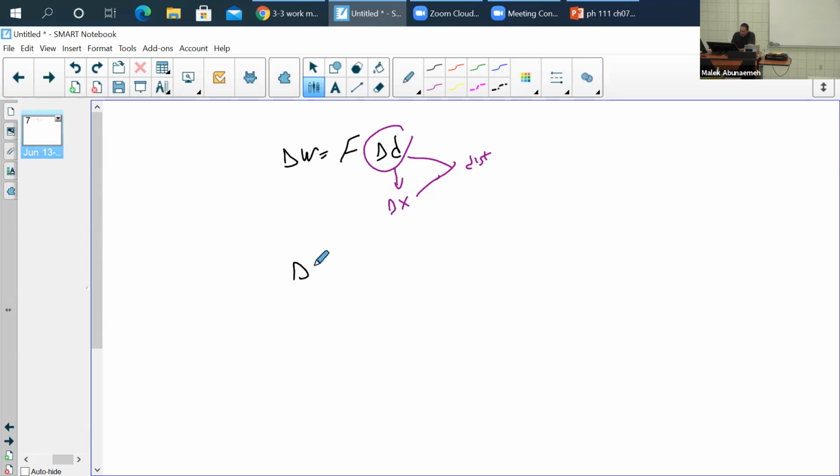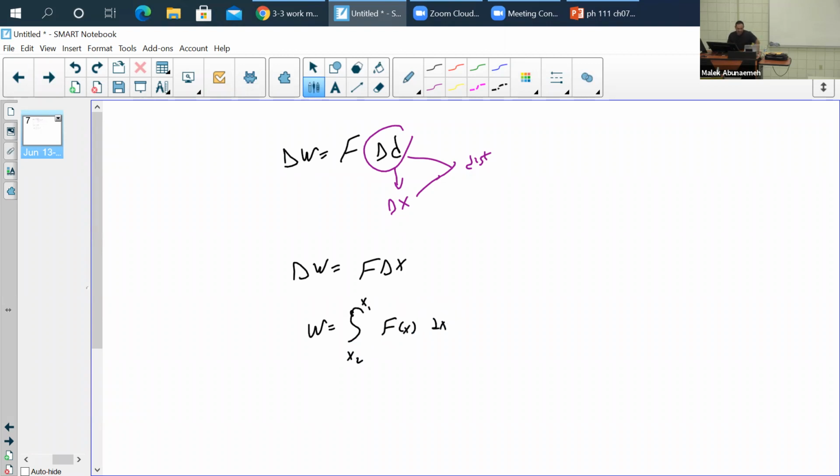Your delta work, your change in work, is going to equal F dx. That means your work is going to equal the integration from x1 to x2 of F of x, dx.